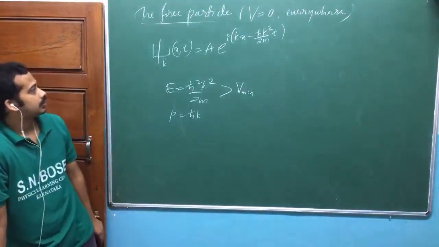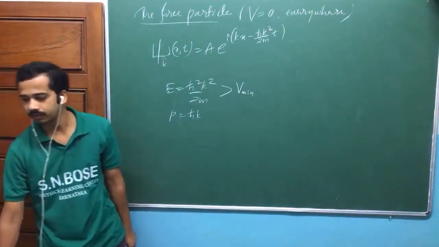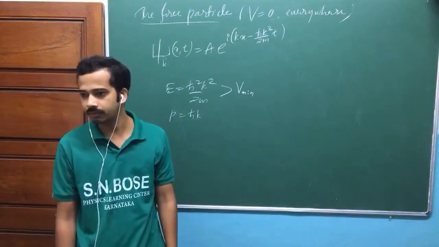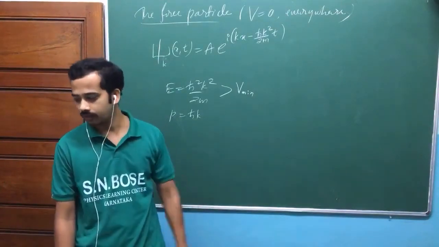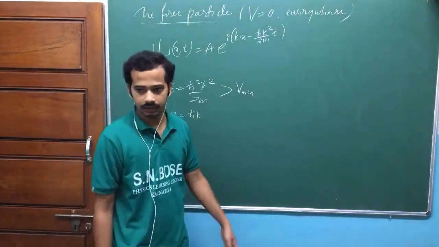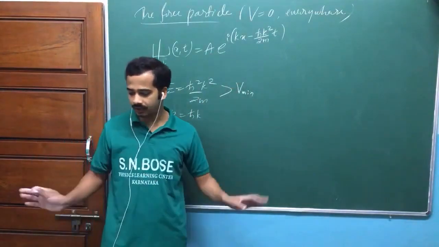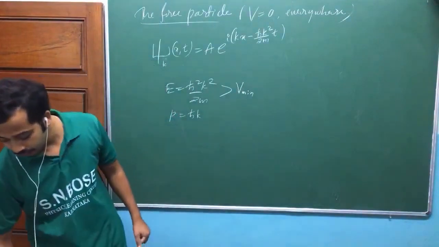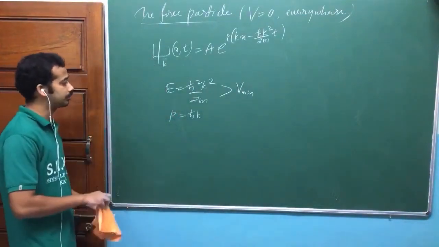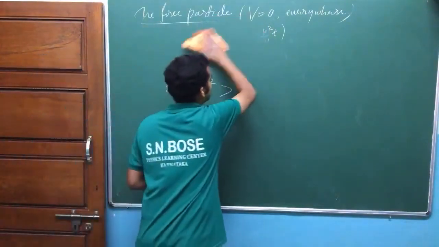A free particle cannot have definite momentum. If a free particle has definite momentum, then again we get a problem with uncertainty. This definite momentum state is also not normalizable, okay? A definite momentum state or definite energy state for a free particle is not normalizable, physically unacceptable.